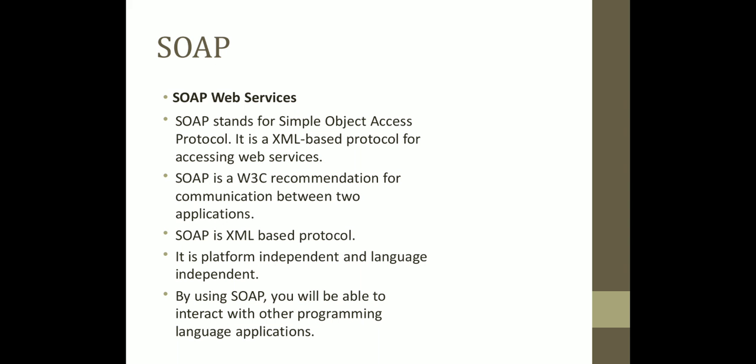So with SOAP web services, we will be able to interact with applications in other programming languages. An envelope is provided by SOAP to send messages related to web services over the internet by the HTTP protocol.